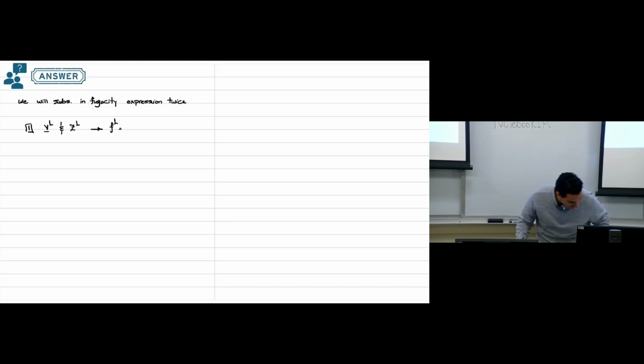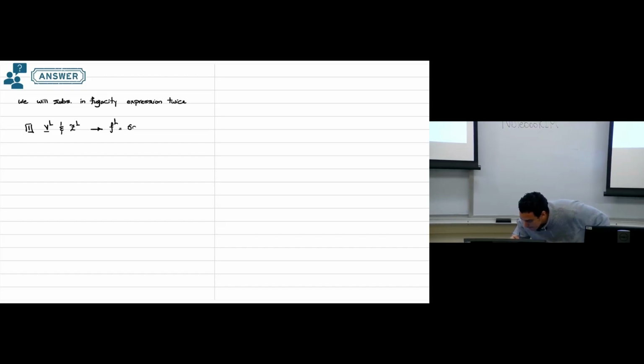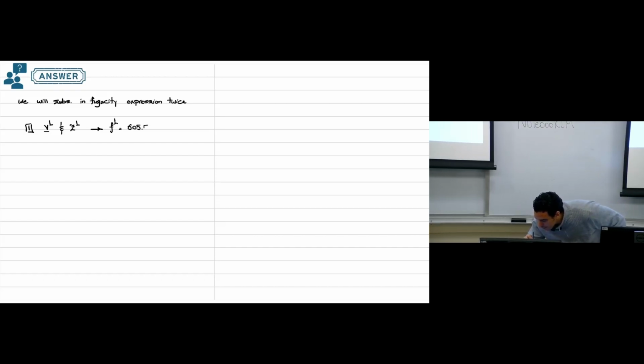The first one, I will use molar volume of liquid and compressibility factor of liquid, substitute in the equation in order to calculate fugacity of liquid. And if you do this, fugacity of liquid will be 605.5, and the unit is the same as pressure, kilopascal.